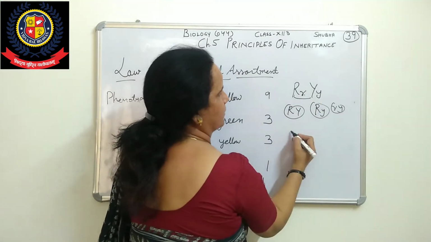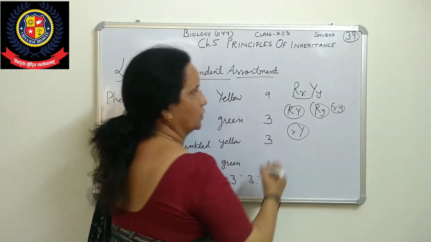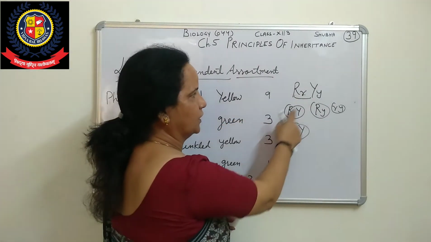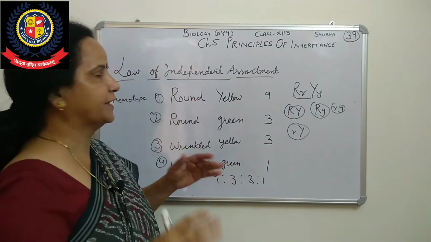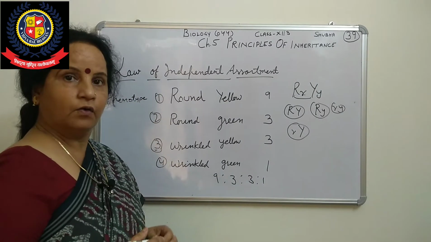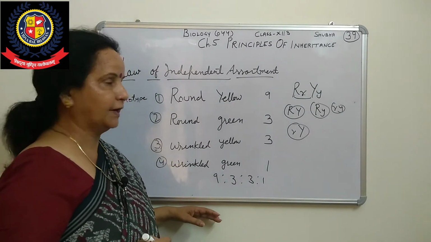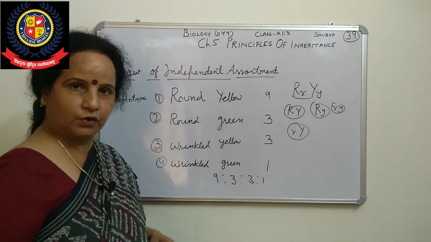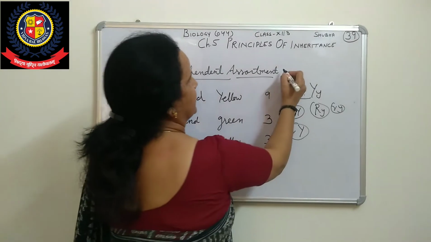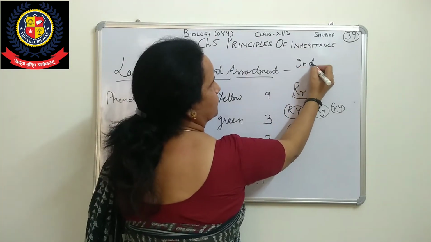Means they are moving, separating, assorting independently, that is the law of independent assortment which Mendel had told, right? That will be shown by the dihybrid cross which we have done, when we are taking two traits.